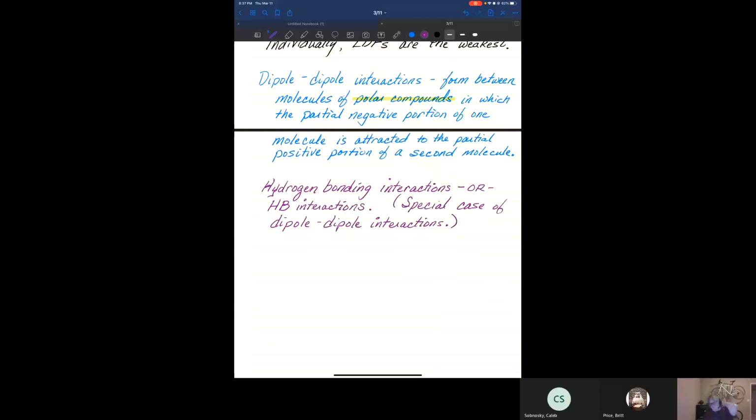So if you pick out that something has the capability of forming hydrogen bonding interactions, these HB interactions, you know automatically then, hey, it's polar. So in addition to HB, you have dipole-dipole. And then of course, you automatically have those London dispersion forces. So these hydrogen bonding interactions are just another layer of stickiness.